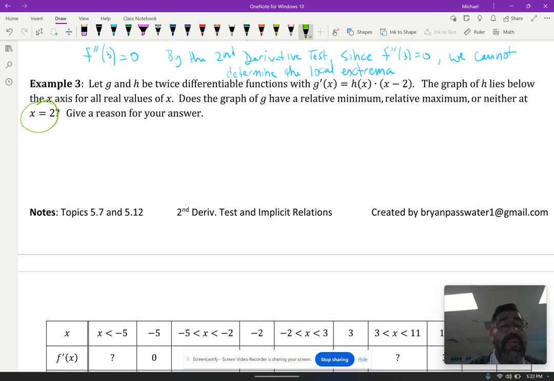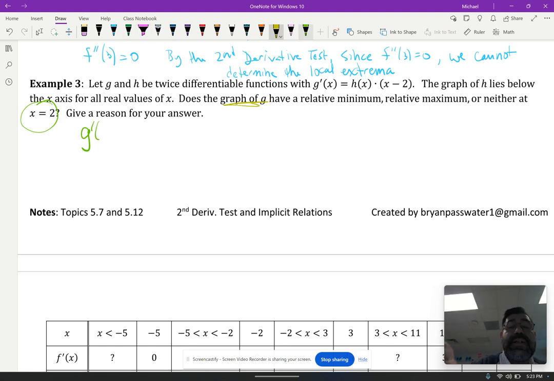So let's figure out, what do we need to know? Well, we need to know, do we have a critical point? Is x equals 2 even a critical point? Well, what do we get when we plug 2 into the derivative of g? Because remember, this is about g, the graph of g.